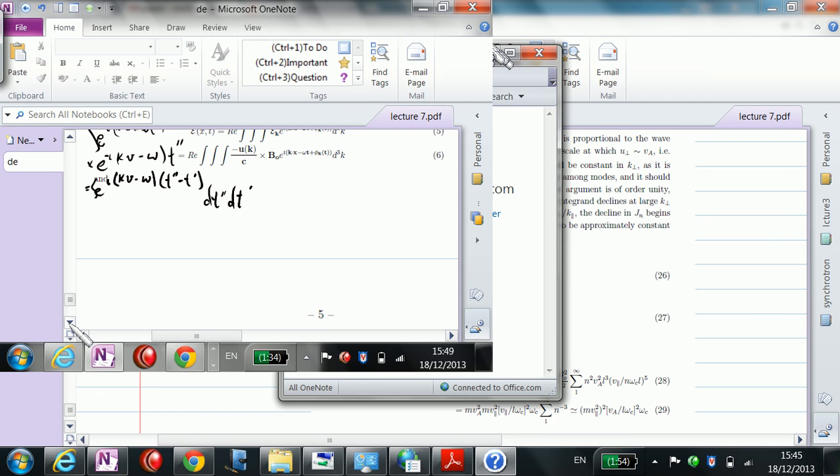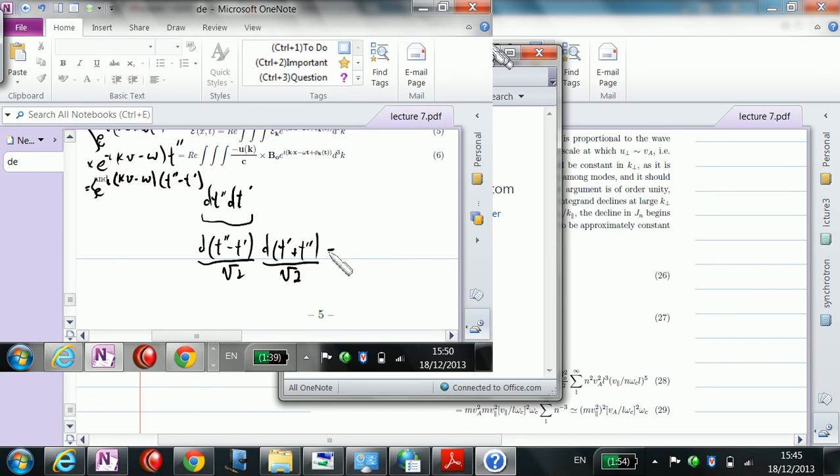So that's a key point in this derivation, is that when I integrate this dt prime minus dt double prime, I can write it as d of t prime minus t double prime over the square root of 2 times d of t prime plus t double prime over the square root of 2. Okay? And now the integrand depends only on one variable and not on the other variable.